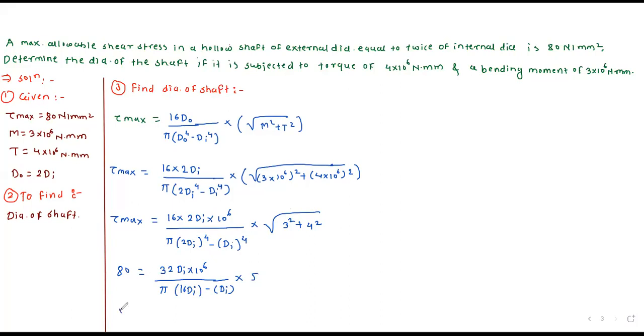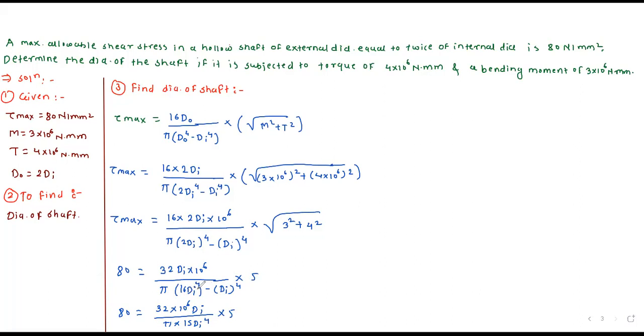So 80 is equal to 32 into 10 raised to 6 Di divided by pi into 15 Di into 5. Here Di is raised to 4, because we have taken 2 raised to 4 and Di raised to 4.